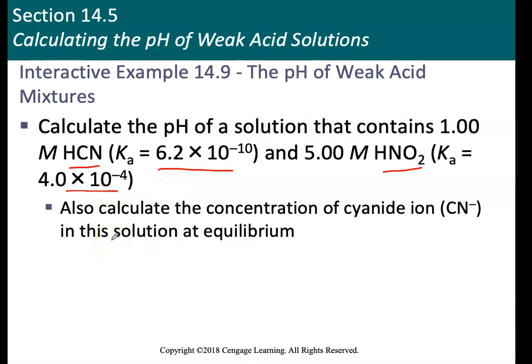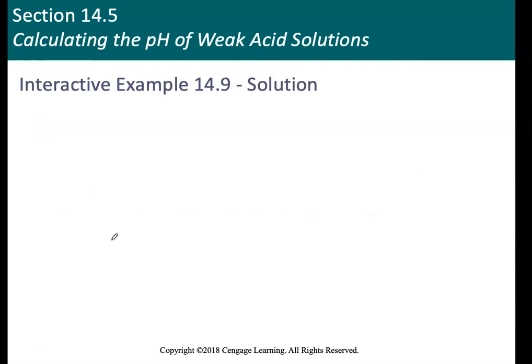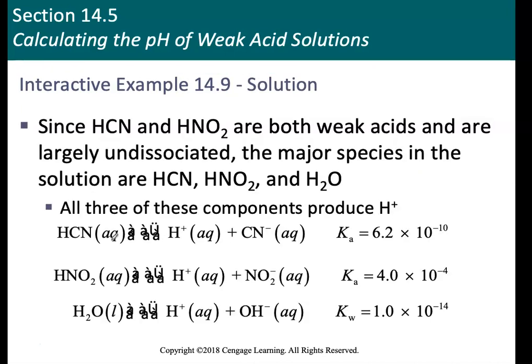So when you have a mixture, you have to consider all the equilibria that are present in that mixture. What are the equilibria? So these are the equilibria. Remember that this is a mixture in water, so you have to bring in the water as also part of the equilibrium. So the first one is hydrocyanic acid, nitrous acid, and then water. Watch these values. These two are much smaller than this one.